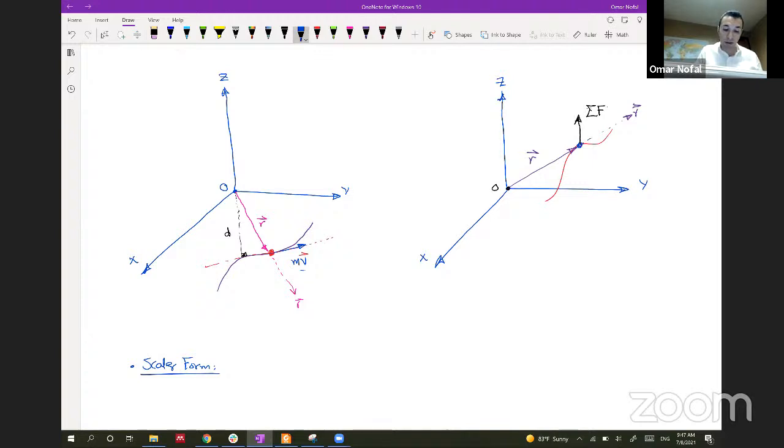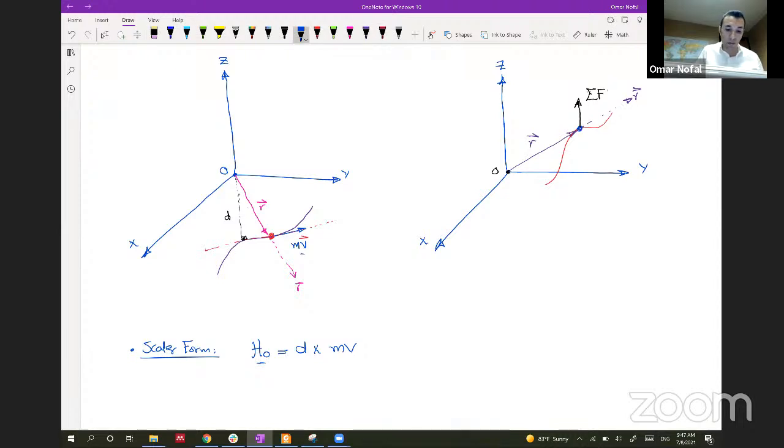In scalar form, HO, the angular momentum, will be equal to distance d multiplied by mv. You multiply these two magnitudes and you get the scalar quantity of the angular momentum.